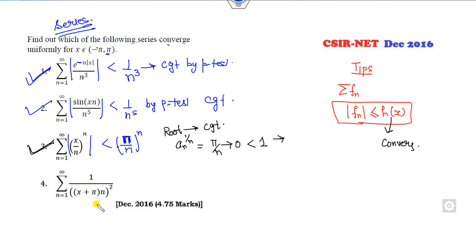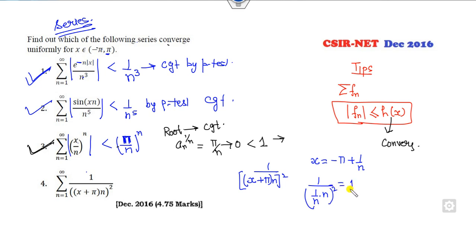Look at this one. If I start with the absolute value, because it's 1 over, x plus pi whole square. I can simply take any sequence from here, minus pi plus 1 over n. I can substitute here, so it will be 1 over n into n whole square.